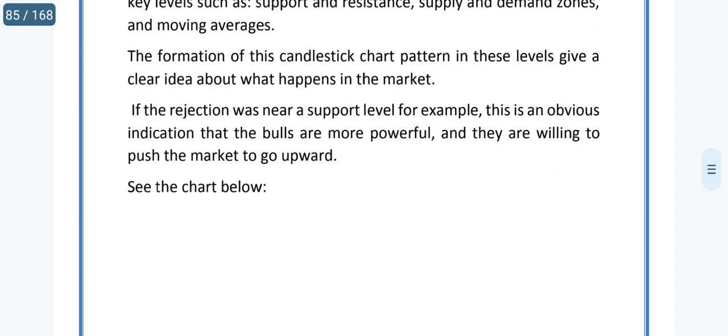And if the rejection is near a support level, for example, it is an obvious indication that the bulls are more powerful.